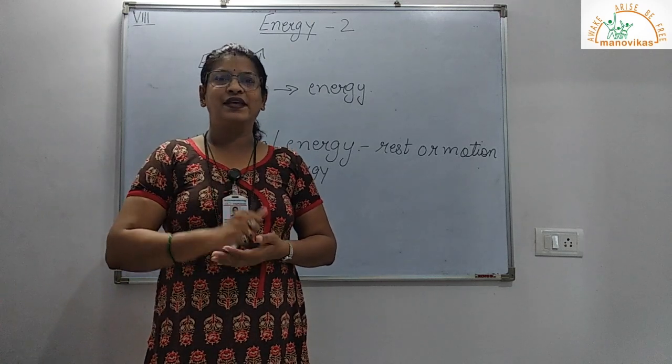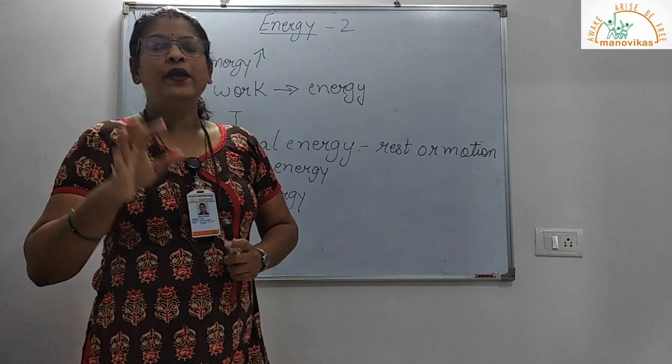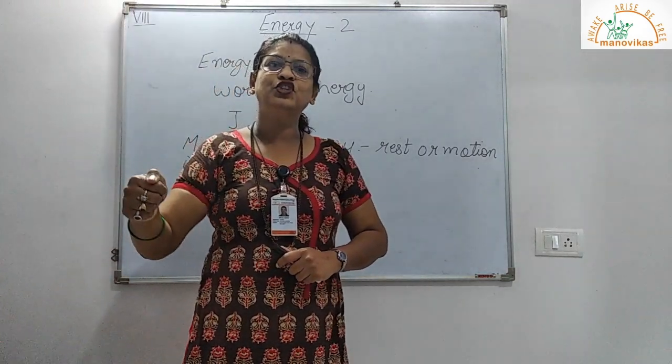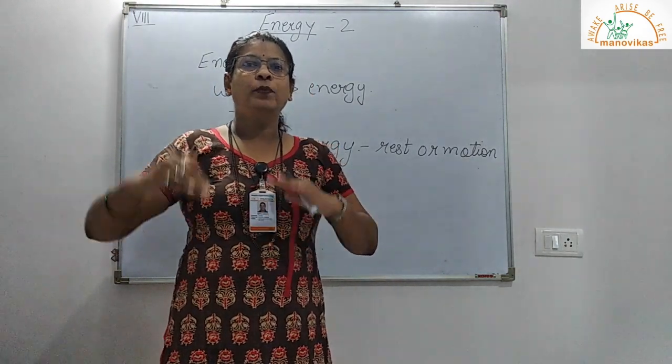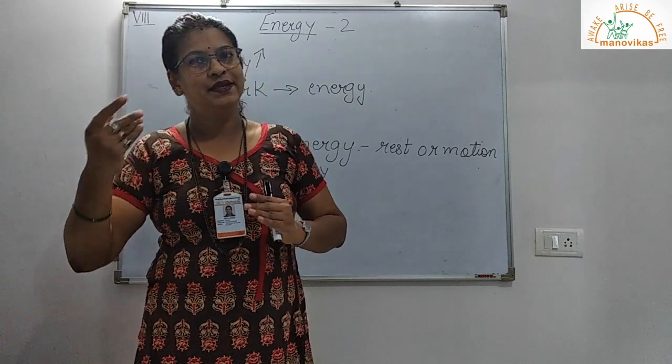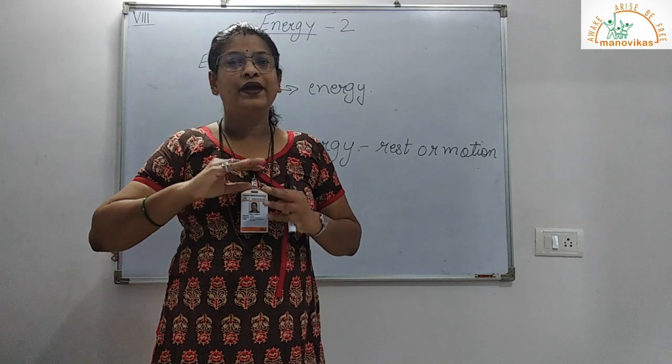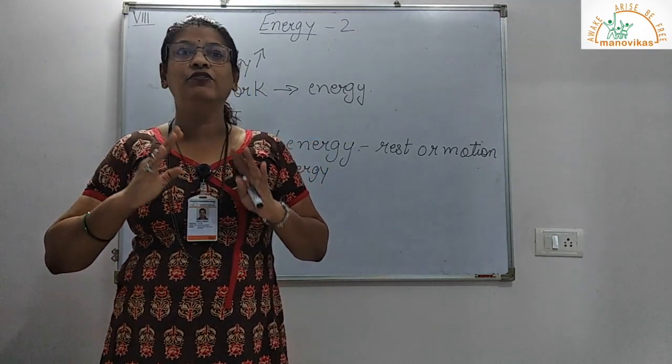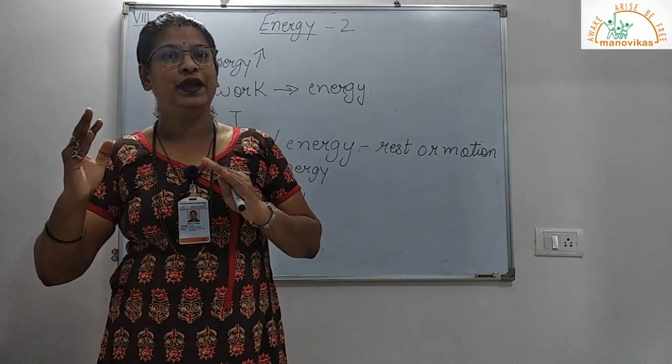Now we take an example. If a boy bends a branch of a tree, in bending the branch, work is done. This work is stored in the branch in the form of potential energy.